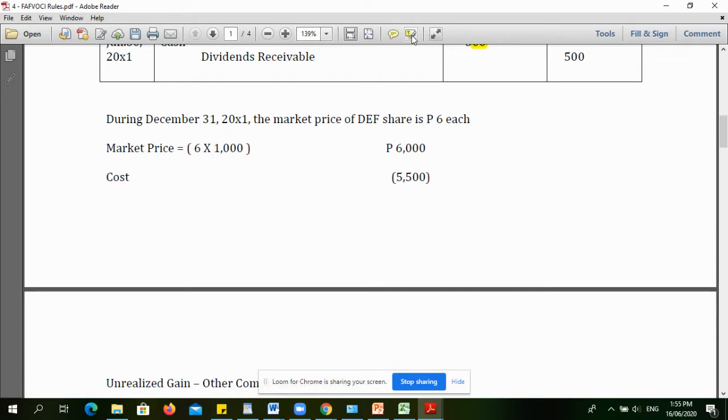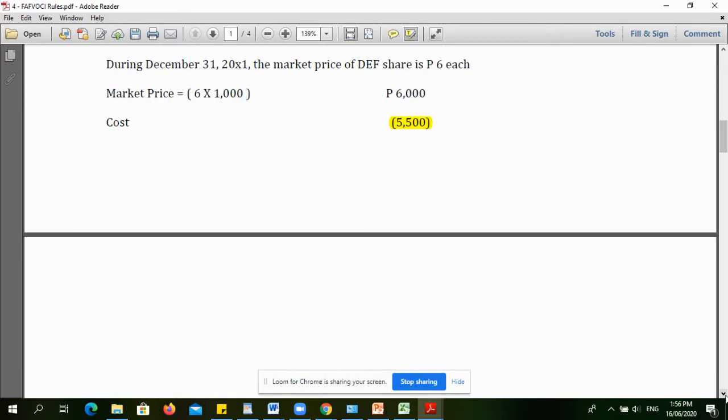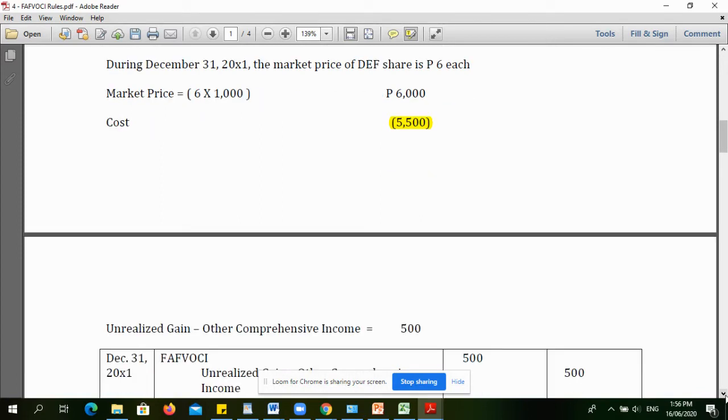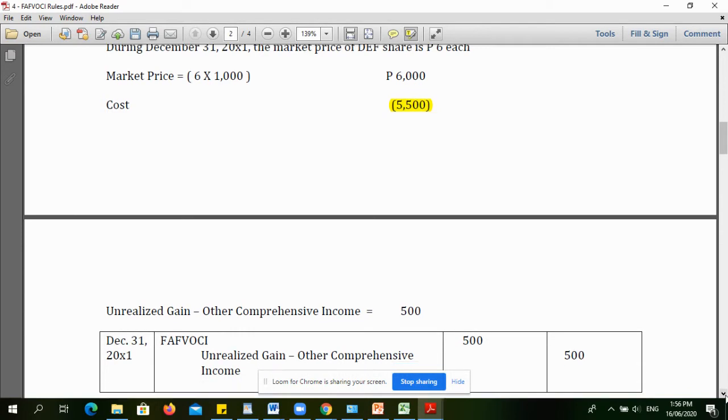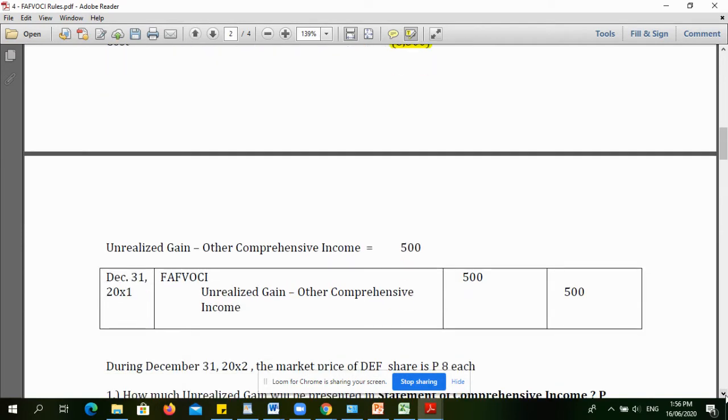Pero, ang nakikita nyong difference, yung cost. Kasi, sinama natin yung transaction cost sa FAFVOCI account. So, kaya, 5,500 pesos siya. Okay, so kaya, the unrealized gain to be recognized in other comprehensive income is 500 pesos.